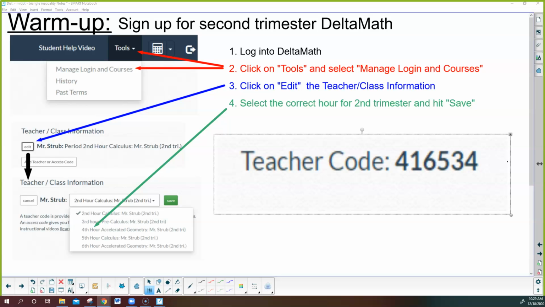Okay, so right now, once you get logged into the new class, you might have to refresh your page because I just made the assignment available. And you should see it. It should be titled something like, what was it? Distance formula, midpoint, triangle, inequality. And then you could click on that, and it looks like we got a handful of people already signed up.